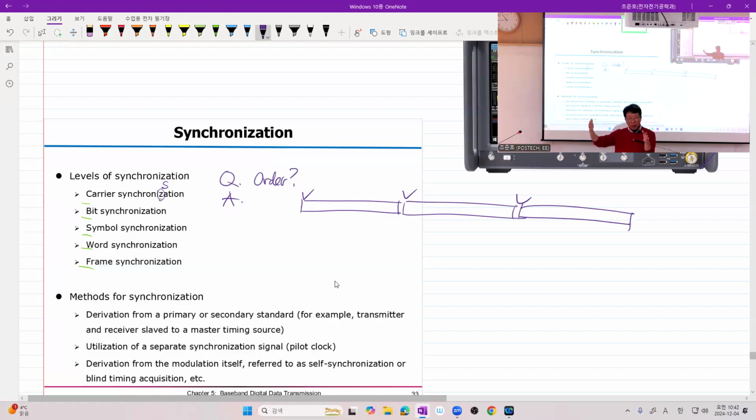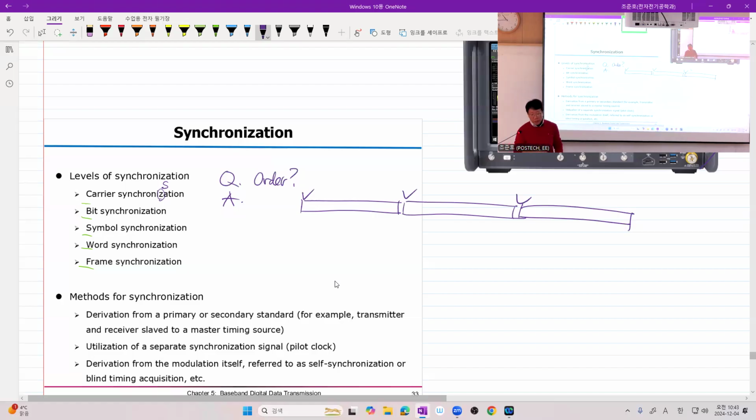Sometimes we have to recover symbol timing. Then we find bit synchronization, then symbol synchronization, then word. Sometimes we proceed this way.